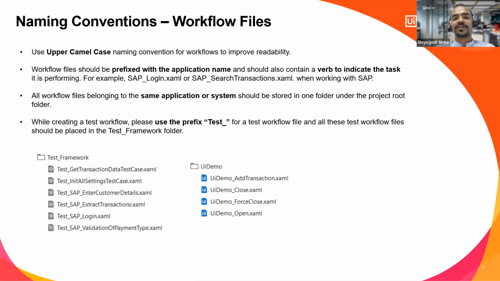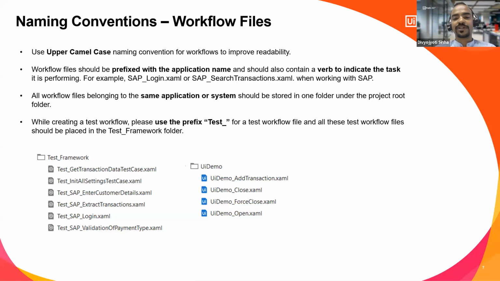And we also suggest that whatever workflows you are building, let's say for an example, you are building multiple workflows for SAP, all those should be contained inside the same folder in your workflow folder, right? In the snapshot, you can see that we have built multiple libraries or multiple XAMLs for each of the individual functionalities.